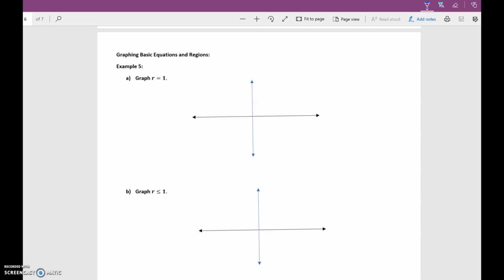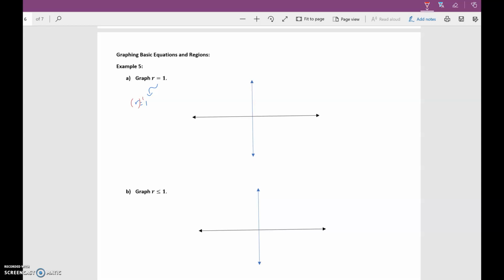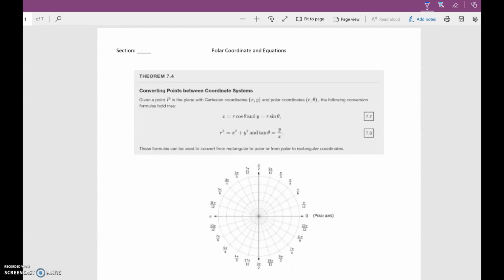Now take a look at the first equation. This is technically r is equal to 1, and if you have r is equal to 1, you could square both sides of the equation and end up with r squared is equal to 1. And r squared, if you go back to the relationships that we had, represents x squared plus y squared.